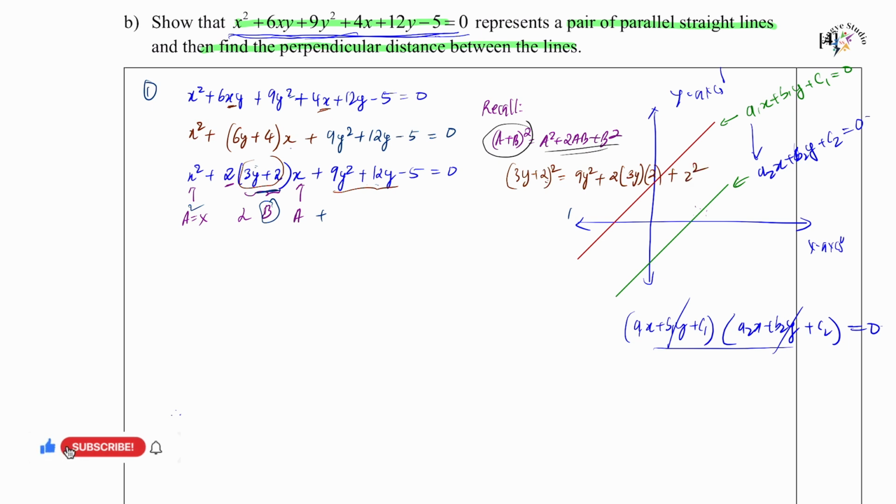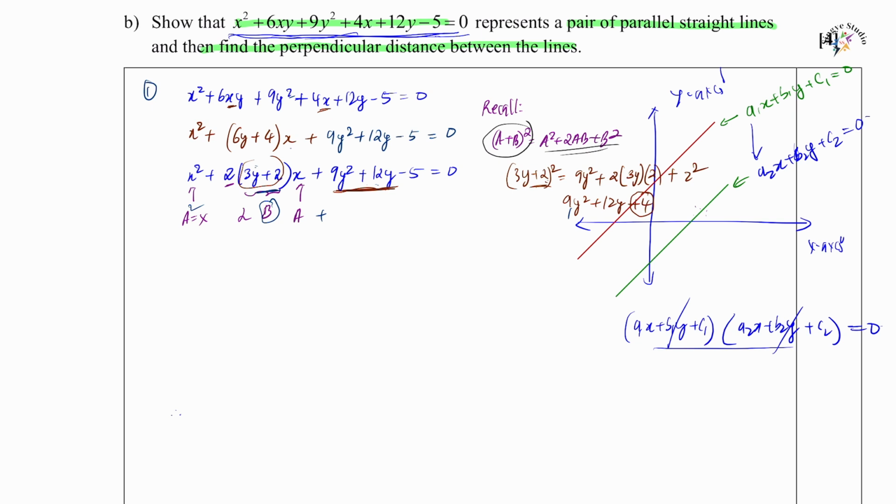So here we have 9y squared plus 12y plus 4, but in the equation we have 9y squared plus 12y already, and now we need plus 4 to make this one a whole square.